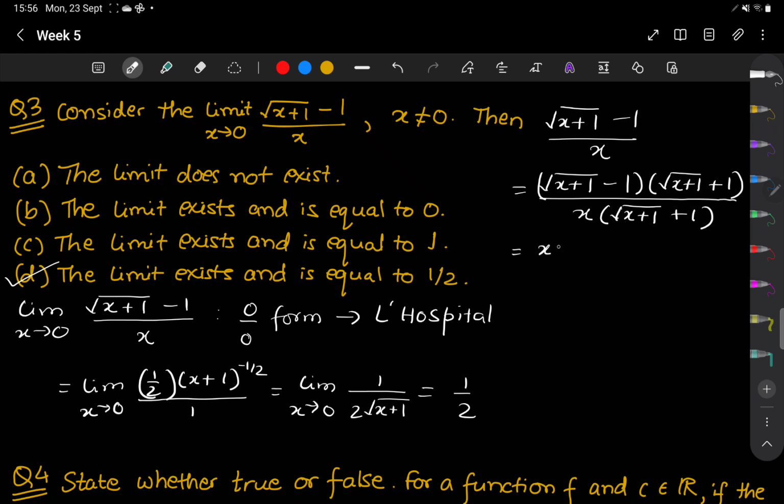So a squared is x plus 1 and minus b squared, that's just 1. Now this 1 minus 1 cancels, giving us x over x.